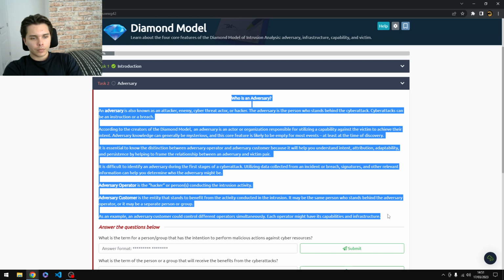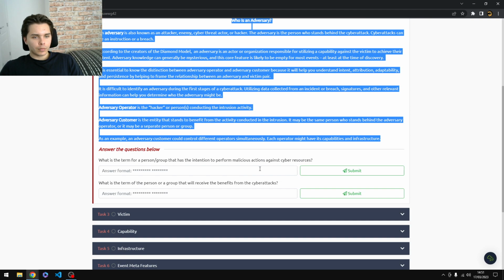Adversary operator is the hacker or person conducting the intrusion activity. Adversary customer is the entity that stands to benefit from the activity conducted in the intrusion. It may be the same person who stands behind the adversary operator, or it may be a separate person or group. As an example, an adversary customer could control different operators simultaneously. Each operator might have its own capabilities and infrastructure.